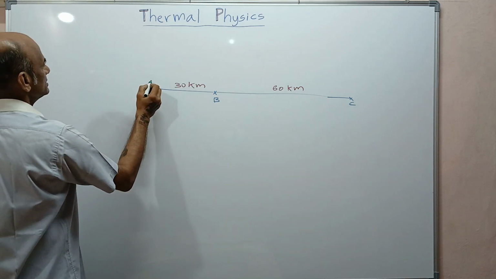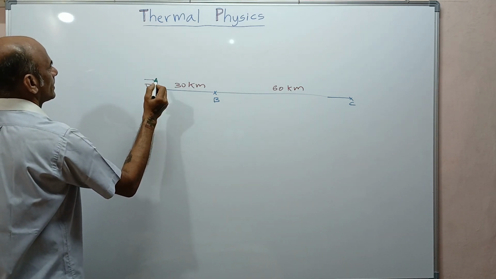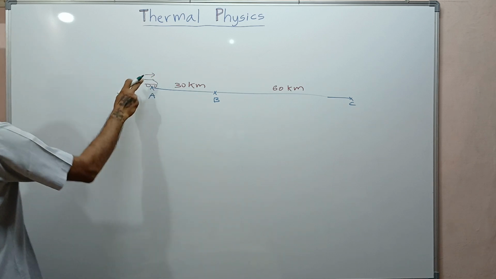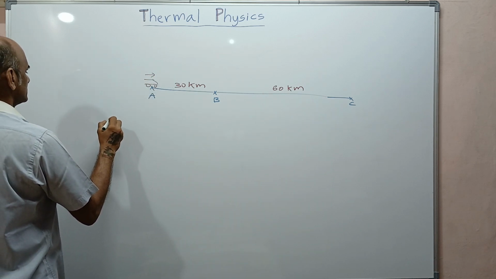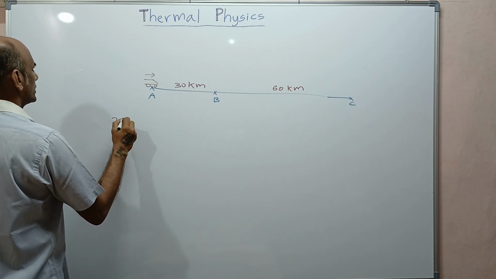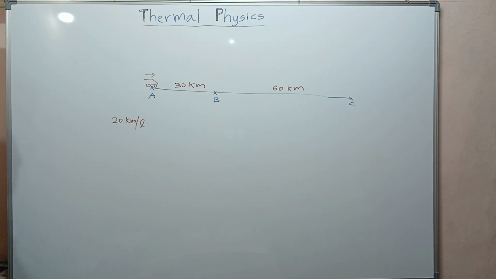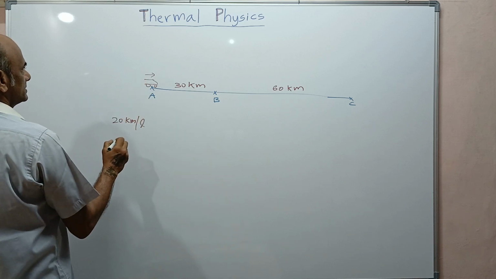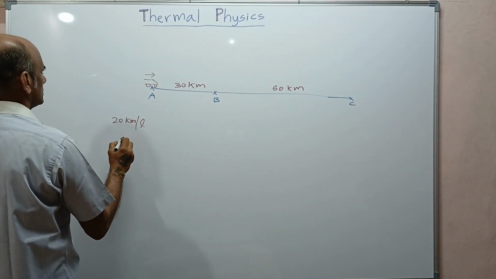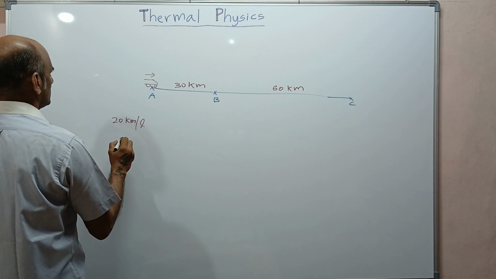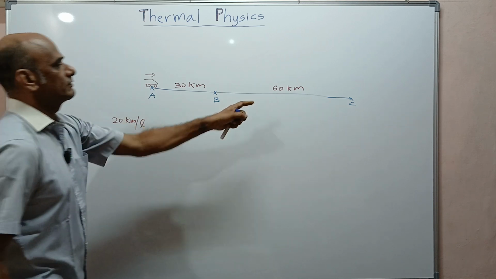So I'm moving in a vehicle, say a car, and the mileage of the car is say 20 kilometers per liter, and the amount of fuel available is say 3 liters. So to find how far the car will move.